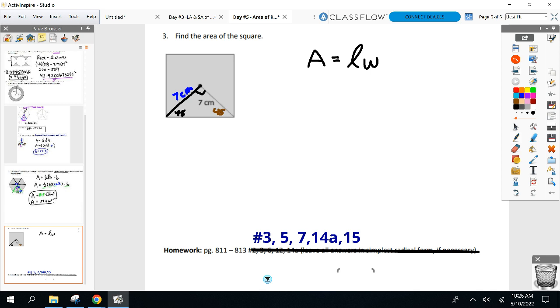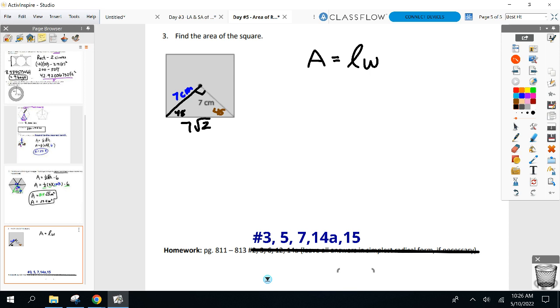Pythag, if you're not feeling it. Anybody remember? Or if you remember your 45, 45, 90 rules, you can find it too. Your call. Okay? A lot of different ways we could get here. Anybody remember the rule? Yeah. Leg times radical 2. Yep.